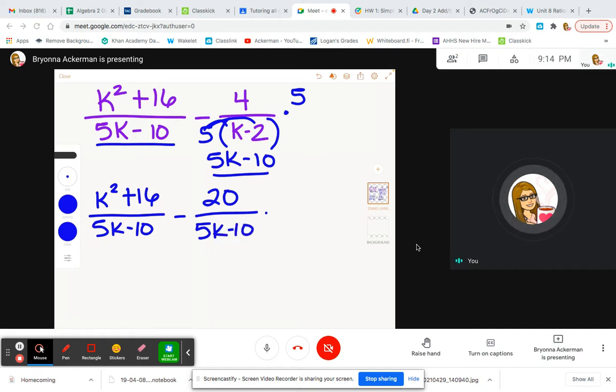Now that the denominators match, we can simply subtract up top. Again, when you're adding or subtracting, you only combine like terms. In this example, we have k squared plus 16, but then minus 20.